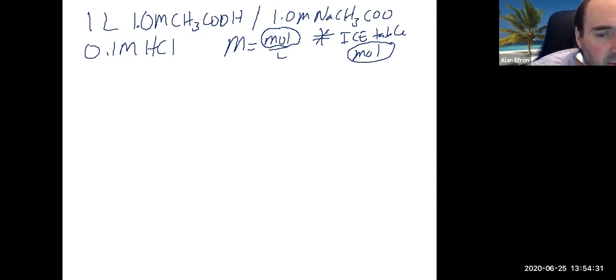You cannot do it in molarity because the volume will continuously change and you will get the wrong answer. So this occurs in the situation we're talking about right now, where we have a buffer and we want to add something to it.